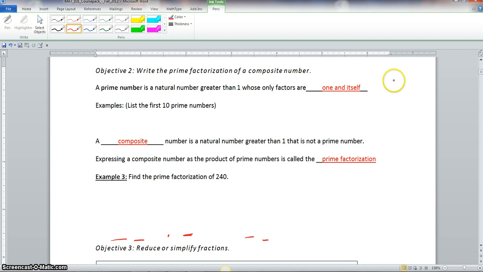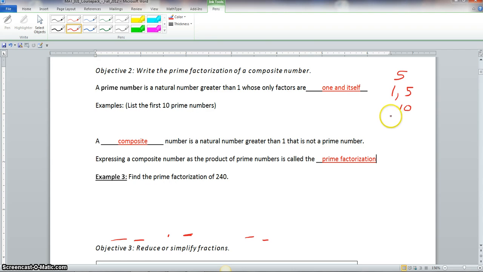So now let's take the number 5. When we say factors, we're talking about numbers multiplied together that would give you this number. So the factors of 5 are just 1 and 5, or 1 times 5. That's the only way you could get 5. But let's take a look at a number like 10.